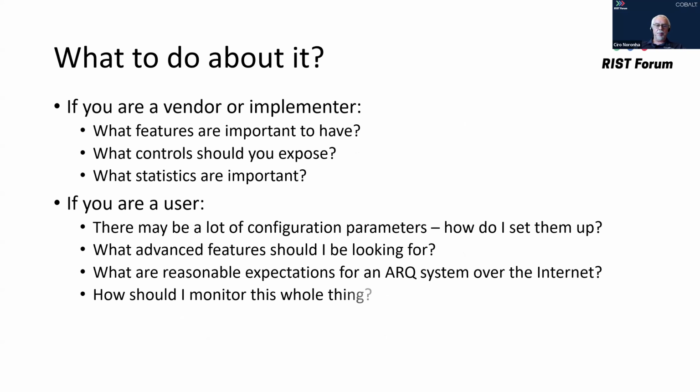How do I set this thing up? It may be complicated, it may be simple. If I'm looking for products, what advanced features should I be looking for? What are reasonable expectations from an ARQ system over the internet? And how should I monitor this whole thing? So as I say here, the answers are here.